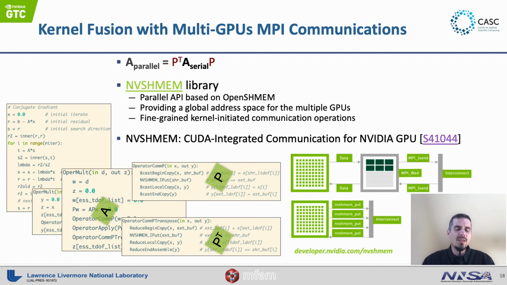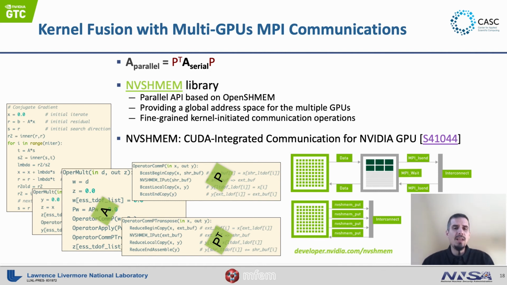The prefix operator is going to prepare the buffers, send asynchronously the required data to the neighbors, work on some local vectors, and finally unpack received data to finalize the operation. The transpose operator is going to do the opposite after the application of the matrix-free A operator.